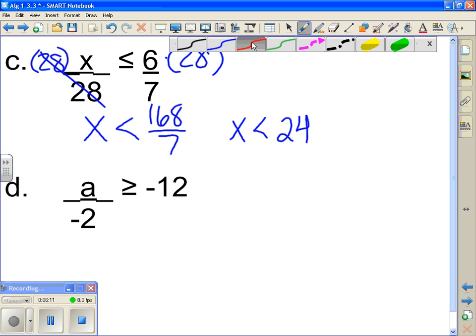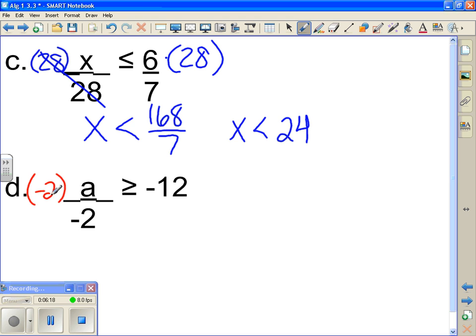All right, so what do we have to multiply A by? Very good, -2. Multiply both sides by -2. Cross out that -2 and you get A.